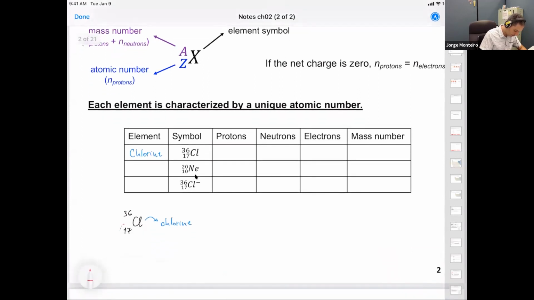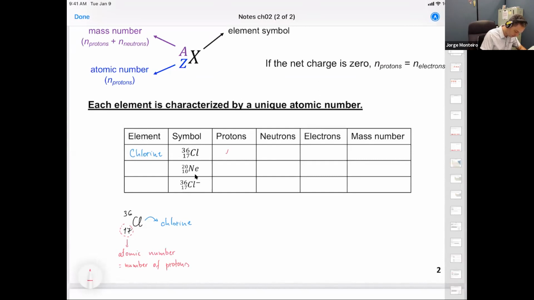The number on the bottom left corner is always the atomic number, and that is unique for each element. Atomic number by definition is equal to the number of protons.